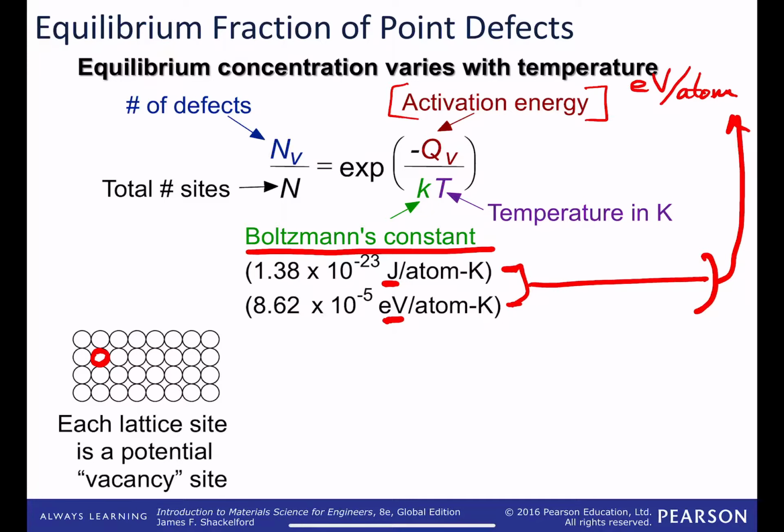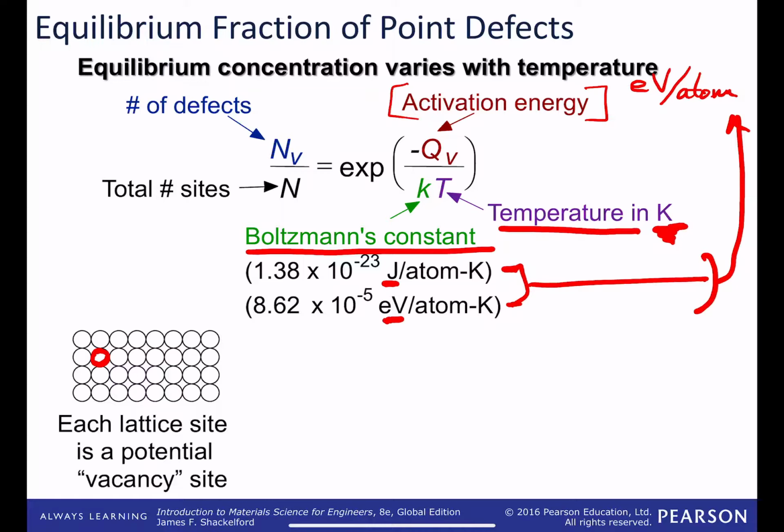So that's the denominator of the parenthetical piece of this equation. And the final piece of the denominator is temperature in Kelvin. So there you can see the denominator has a temperature parameter.